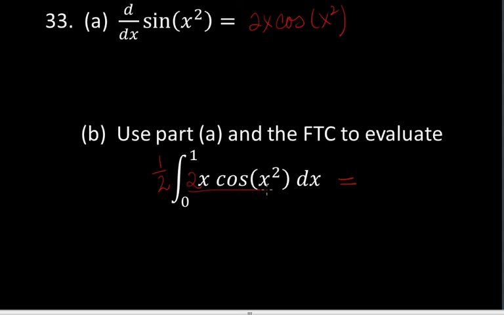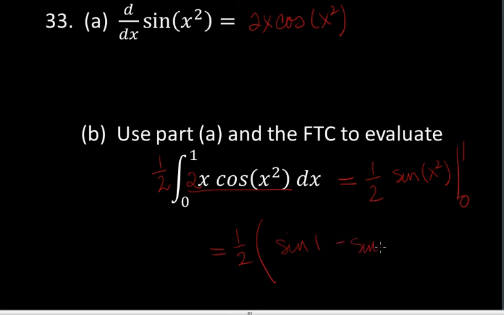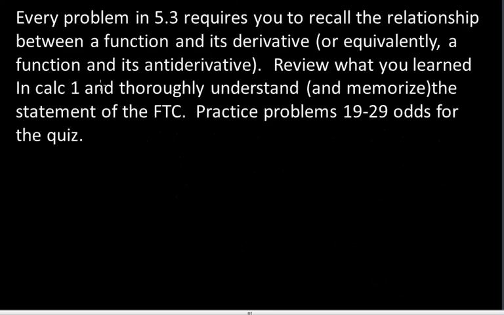Now I know an antiderivative for 2x cosine x squared. I have my 1/2, and the antiderivative is the sine of x squared. And we want to evaluate it between 1 and 0. That gives us 1/2 times the sine of 1 minus the sine of 0, which is 0. So our answer is 1/2 sine 1. Just leave it in exact form.